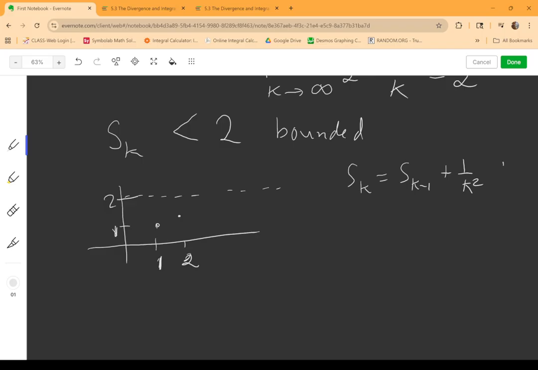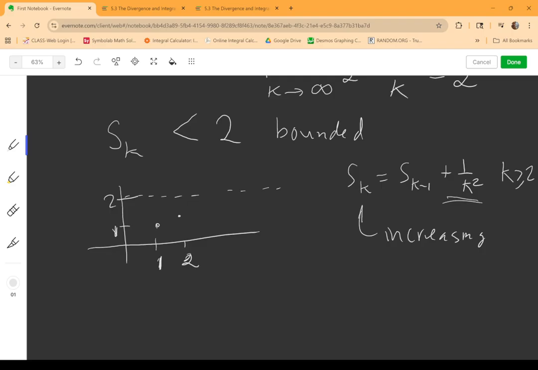If we look at values for k greater than or equal to 2, this value here is always positive, so it's always increasing by some amount. That means s sub k is increasing as well.